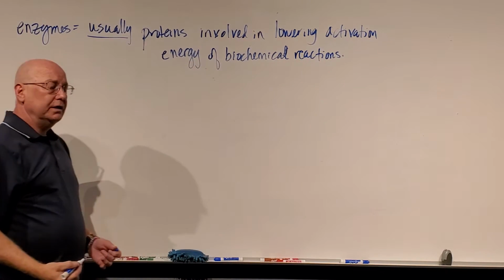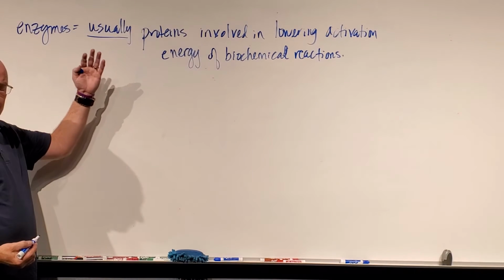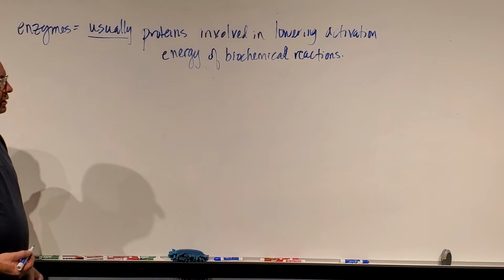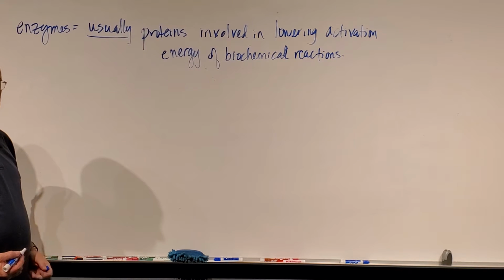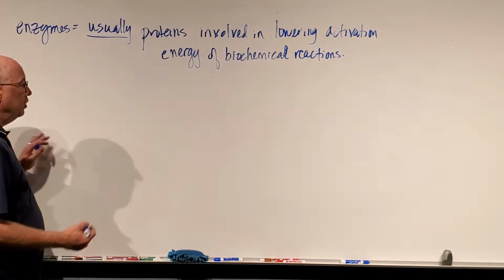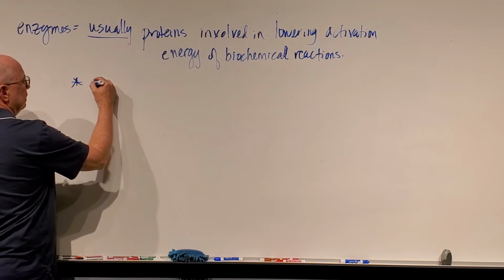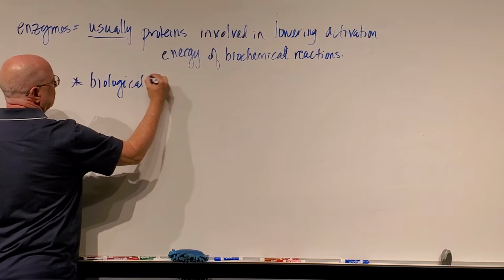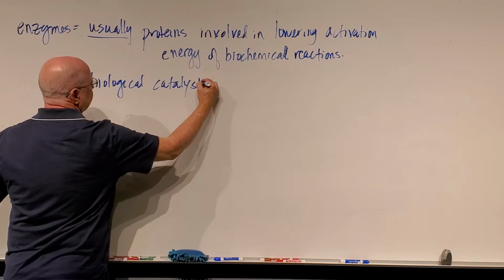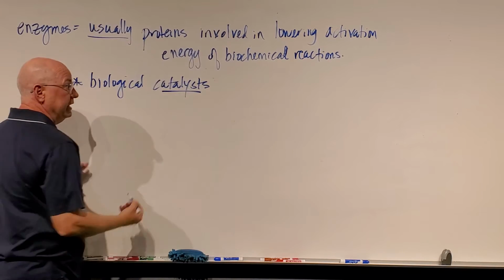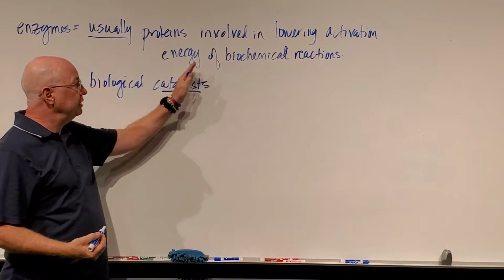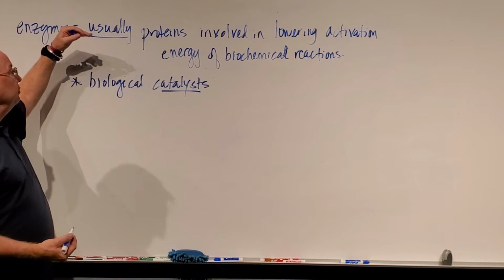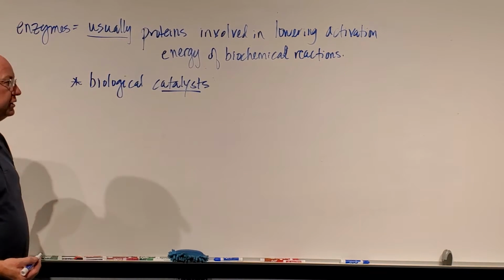Or we can say that they are proteins involved in increasing the rate of a chemical reaction. So sometimes they make chemical reactions happen much more quickly. One of the things that's key about these is that they sometimes are called biological catalysts. A catalyst is any substance that can lower the activation energy of a chemical reaction or make it happen faster. But in biochemistry, we talk about enzymes, biological catalysts.